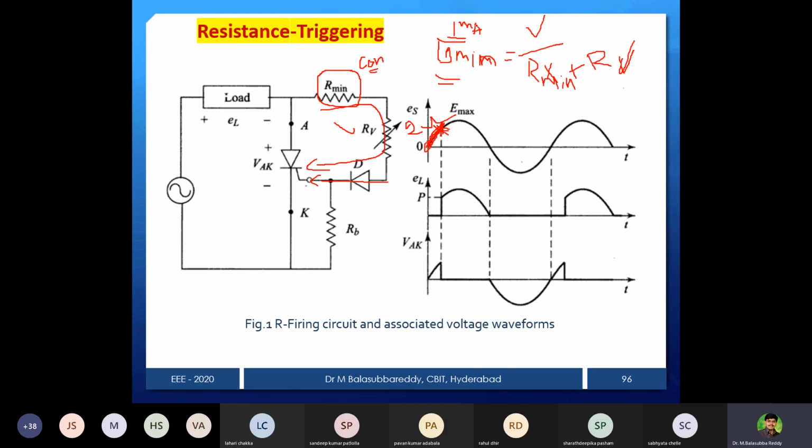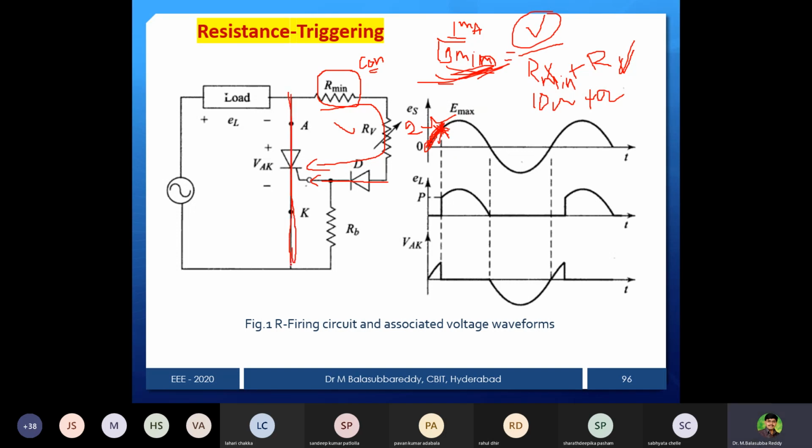V is equal to 1 milliampere into R minimum, let it be 10 ohms or whatever, these values are all random, just for understanding, plus the RV value at this instant, 2 ohms. Once that voltage is reached, the device will trigger.